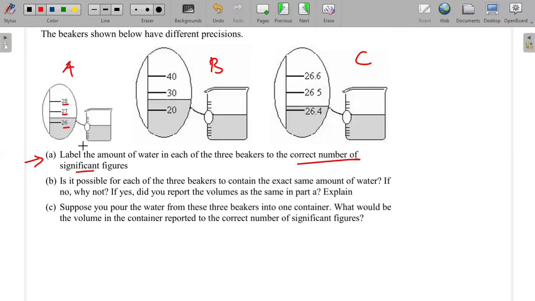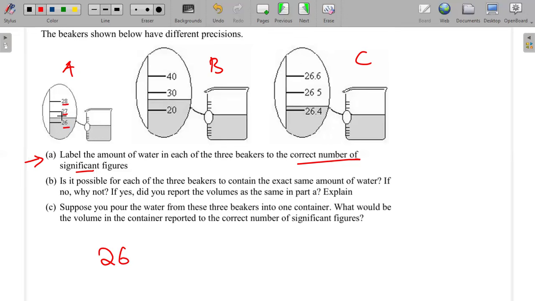Now the 26, I'll write it here, is going to be our certain value. We are certain that this water reaches 26. Between this 26 and 27, we are not certain, so we are going to get the uncertain part of the number.